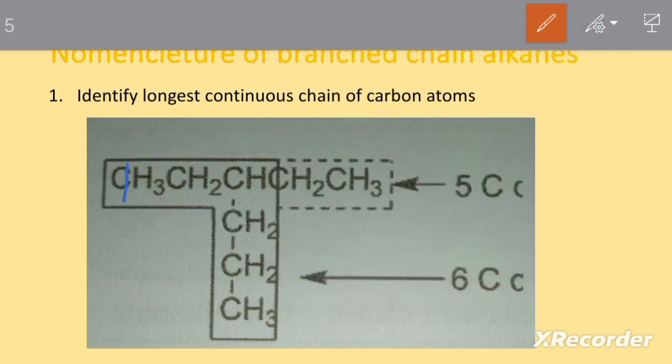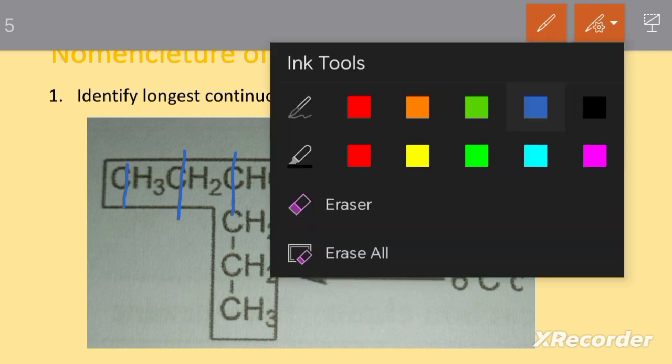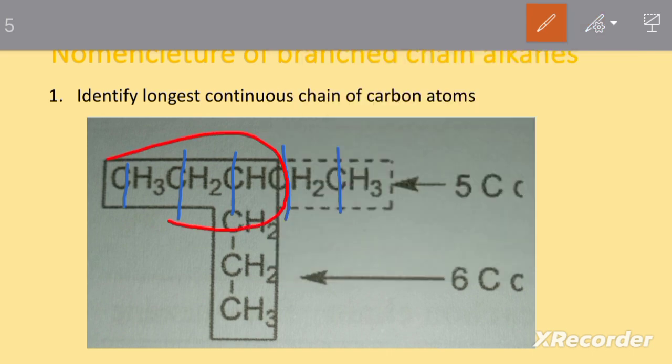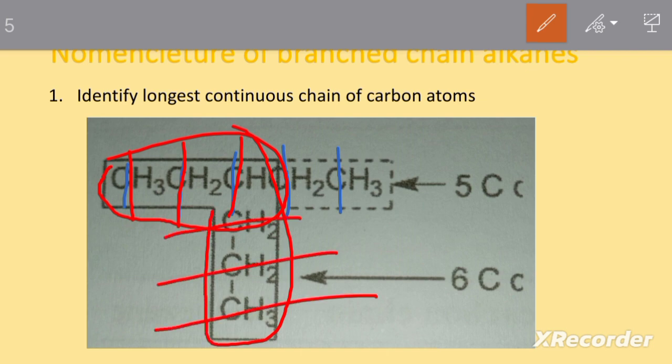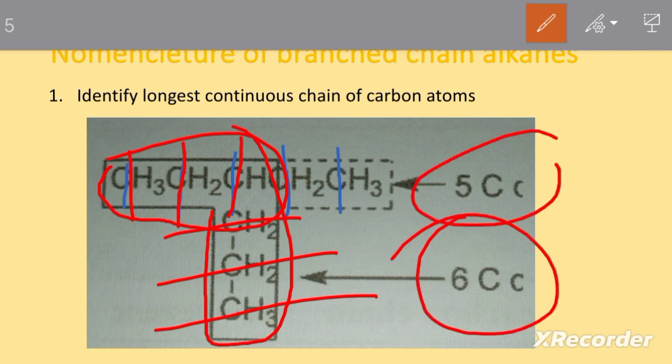Here 1, 2, 3, 4, 5. 5 carbons here. If I take this chain, 1, 2, 3, and here this chain continues like this without breaking, so 4, 5, 6. 6 carbons are there in that chain and 5 carbons for this chain.